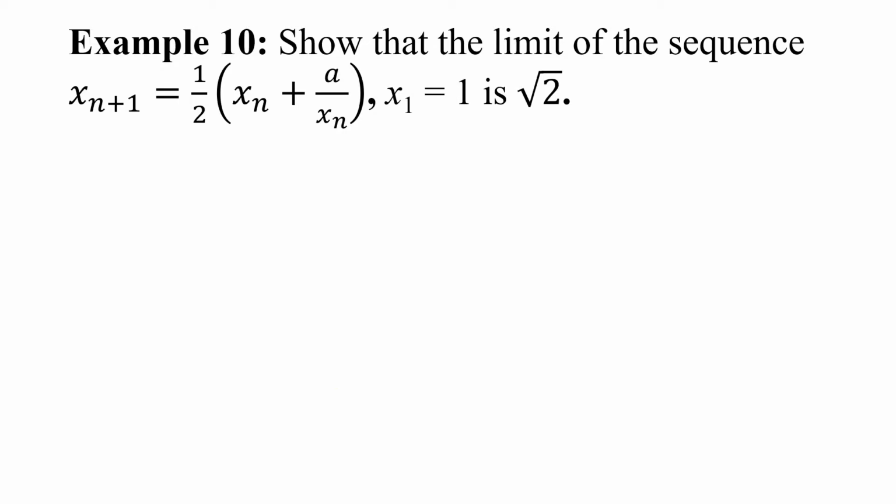Now, if we are going to use the numerical value for our solution, then our first term is at n equals 1. We also have x sub n plus 1, which is equal to 1 half times x sub n plus 2 over x sub n.